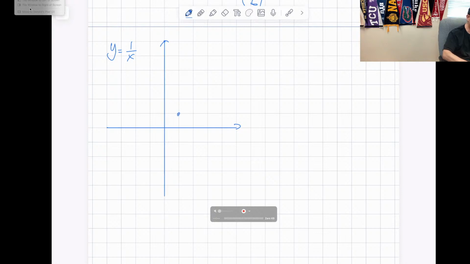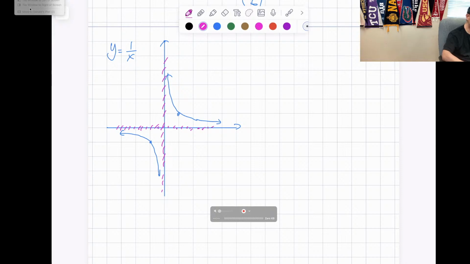So it's gonna be like this, and the graph's gonna be like this. This is the 1 over x graph. Now, the two things that you need to know: there is an asymptote here. It's called the vertical asymptote, and this is the horizontal asymptote.